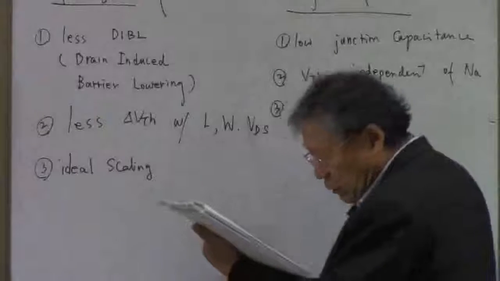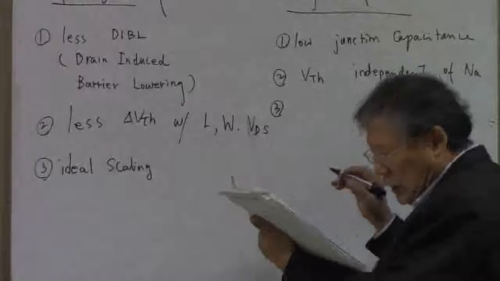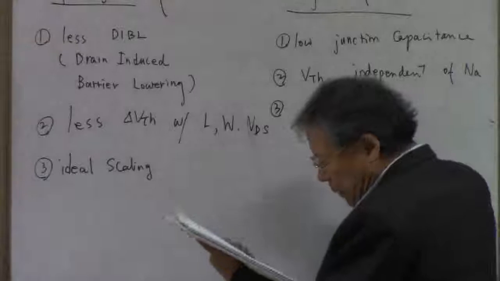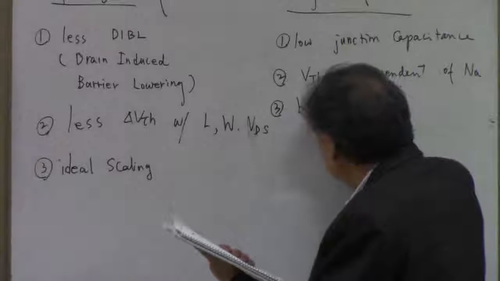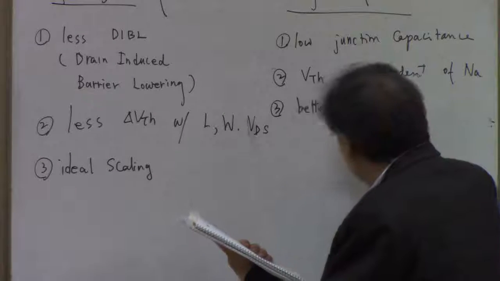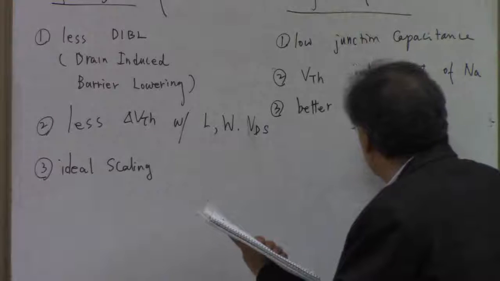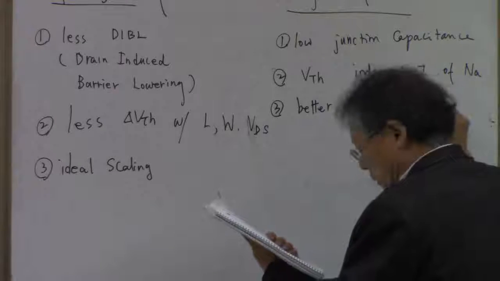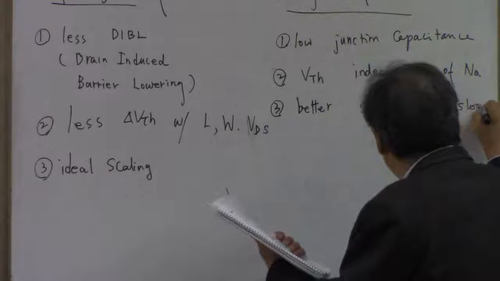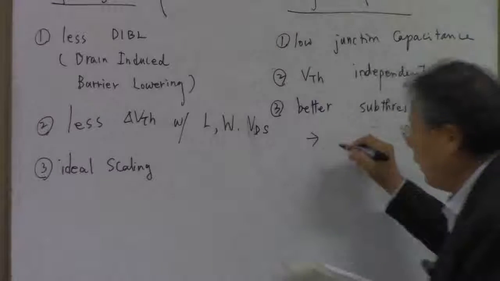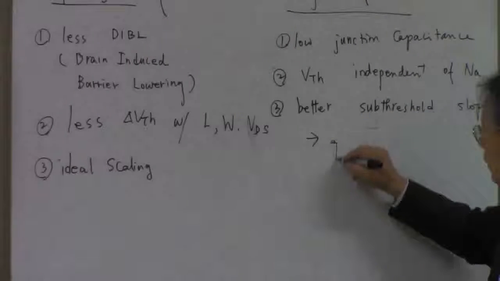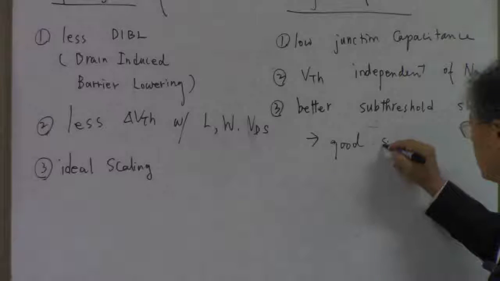The threshold voltage becomes not sensitive to the doping, and better sub-threshold slopes, which means we have good switching properties.